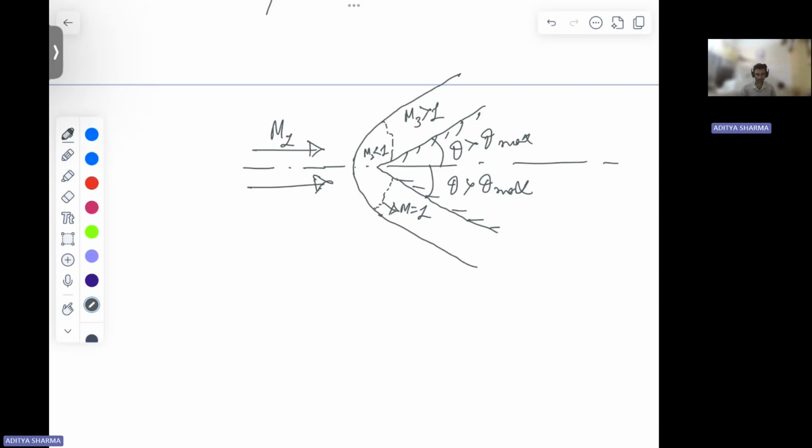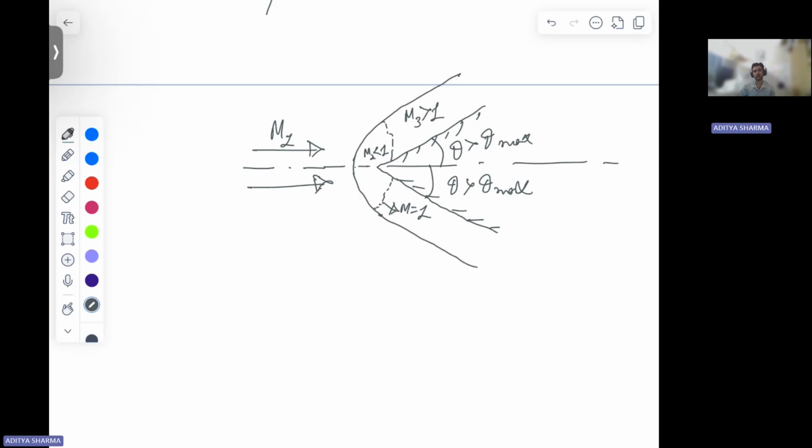So what happens in this region? Your Mach is less than 1, which is related to your strong oblique shocks. And then at this dotted line, your Mach is sonic, 1.